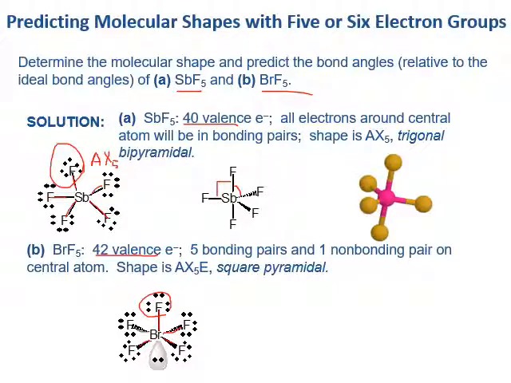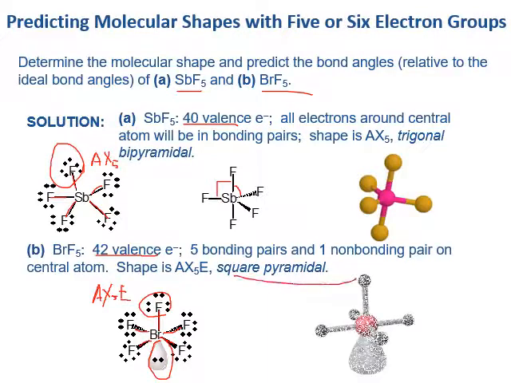So it means you're going to have one lone pair, with 42 electrons now. So it's going to be AX5E, just one E. The shape is square pyramidal. Square pyramidal is like this, with the atoms on top and the lone pair at the bottom.